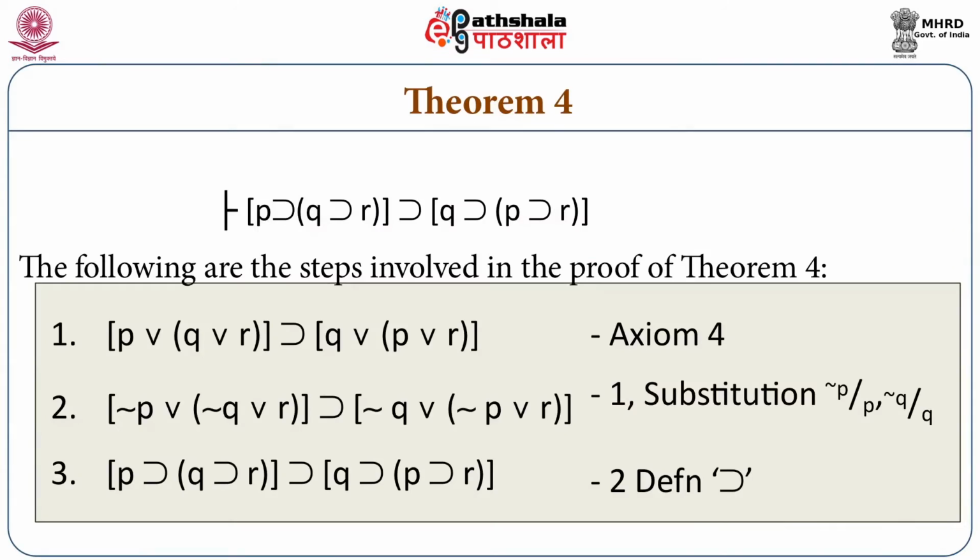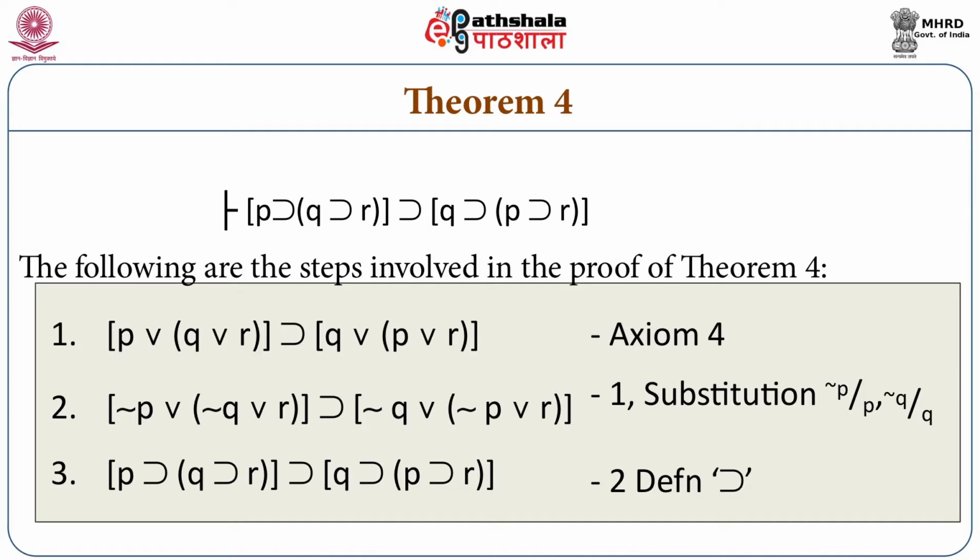What is that? P implies Q implies R, together implies Q implies P implies R. Here we are employing 3 variables, and it looks like we can appeal to axiom number 4 to derive this theorem. Obviously, axioms 1, 2, 3 will not work here because they are limited to just 1 or 2 variables.